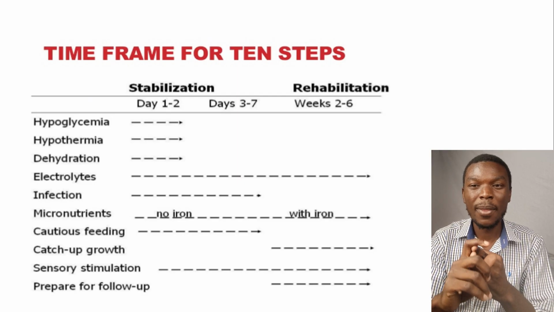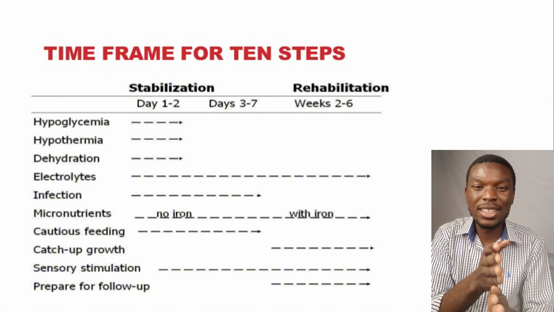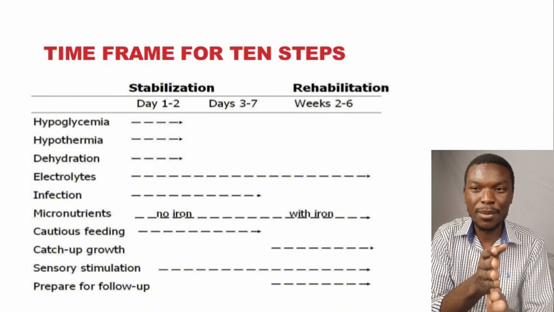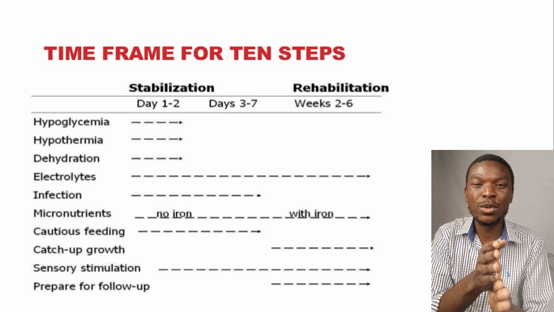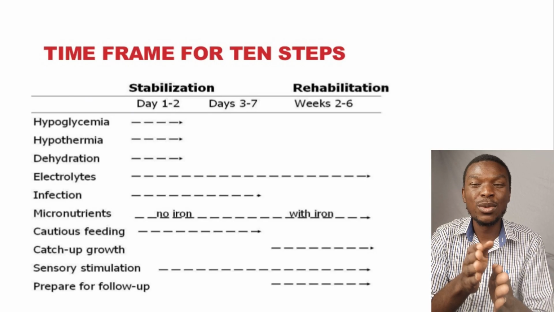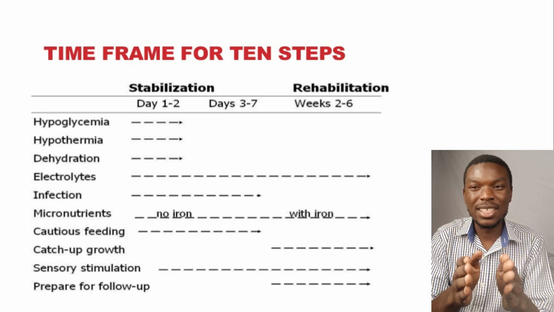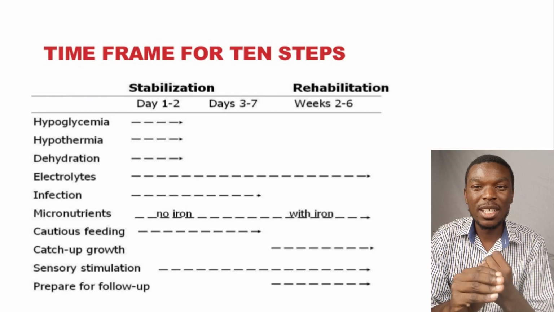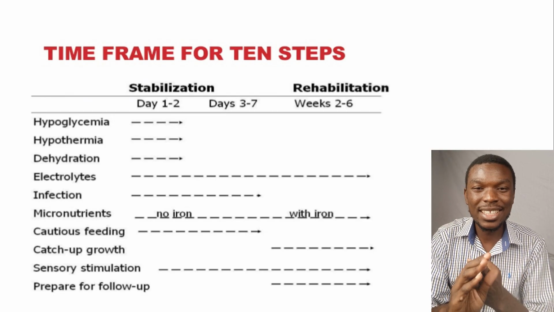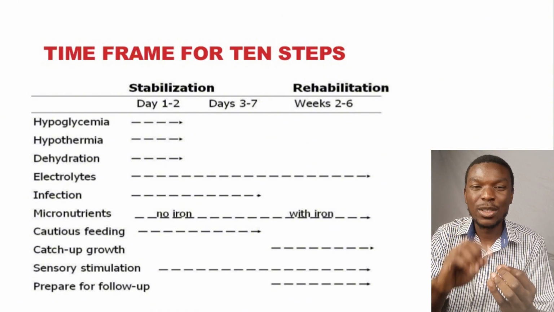But remember, there are some other steps that we'll start on day 1, but will take about 2 to 6 weeks to control these imbalances. But for hypoglycemia, hypothermia, and dehydration, you need to correct these within 2 days.